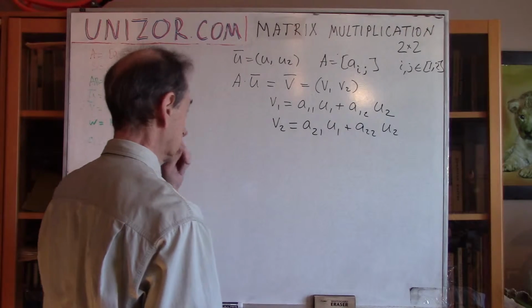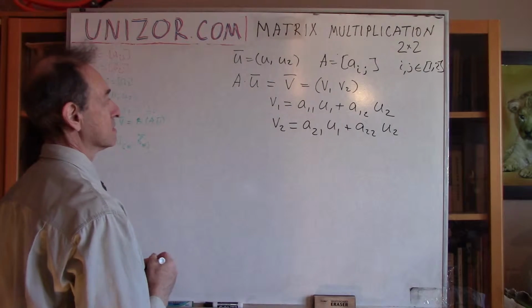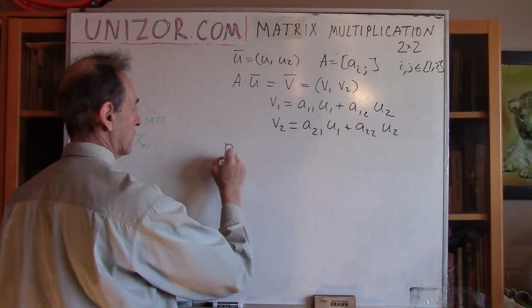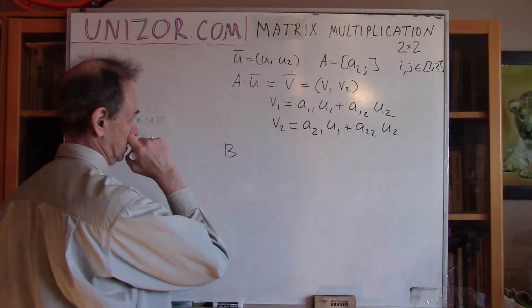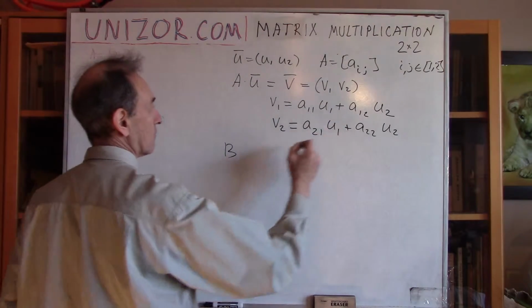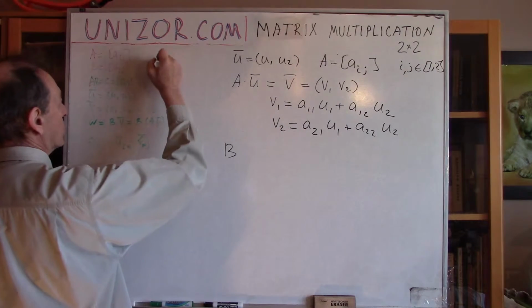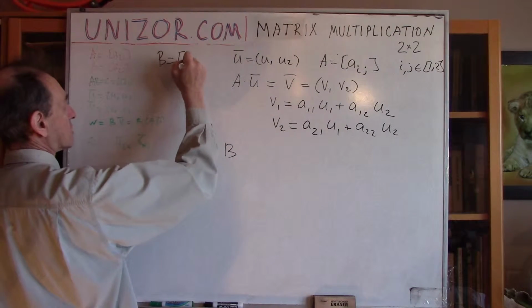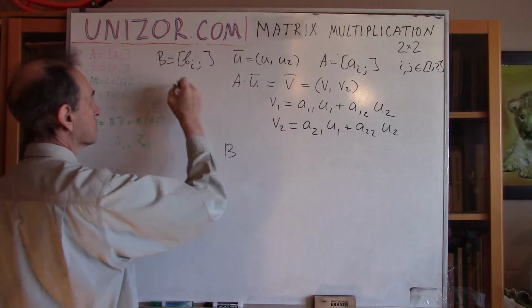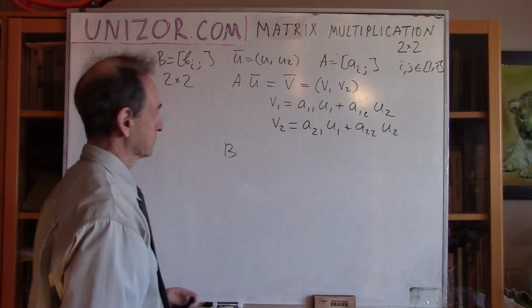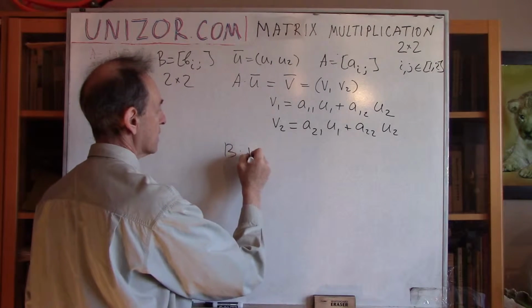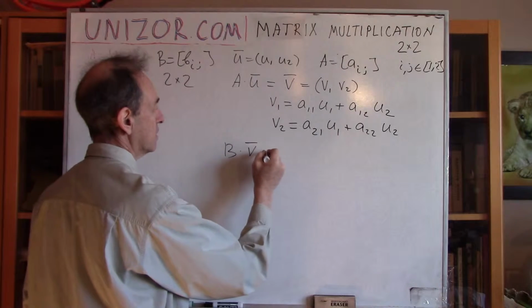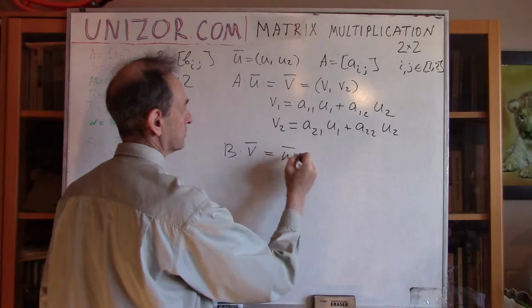Next, what's given is we have the B matrix, and the B matrix will also be expressed as Bij, and it's also a 2 by 2 matrix. And I apply this matrix to vector v to get vector w.